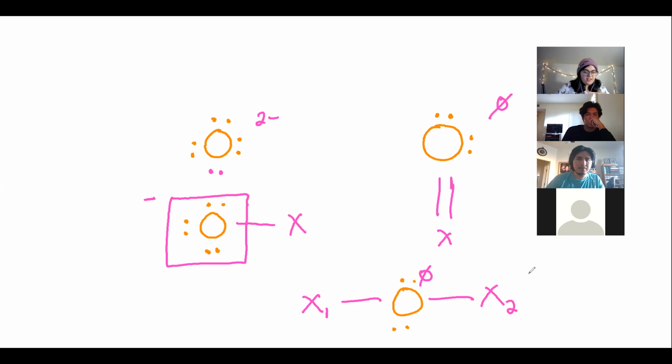Okay, awesome. The other one I have is nitrogen. Nitrogen likes to keep a lone pair to itself, right? It likes having bonds, but it really likes to keep a lone pair to itself because it's weird like that. But how many valence electrons does it usually have? 5, right?